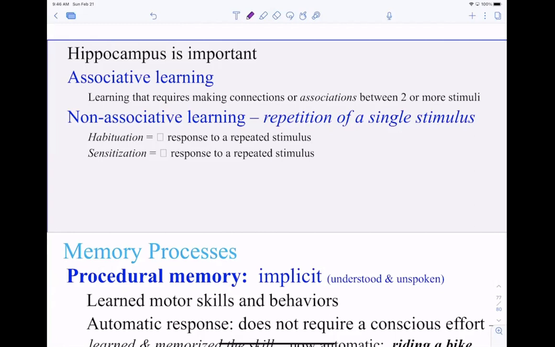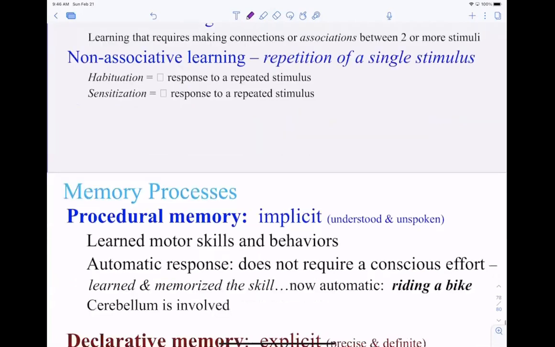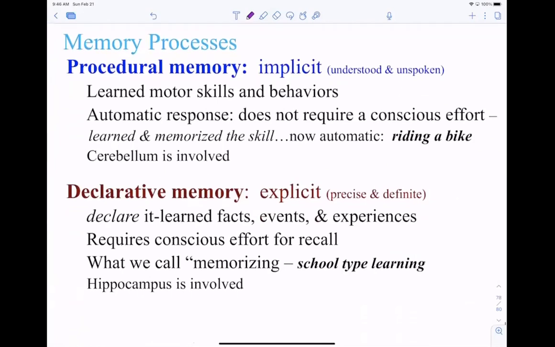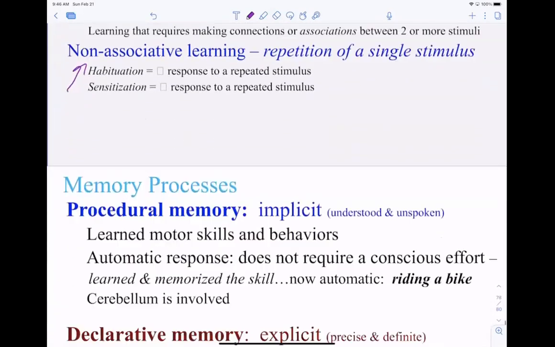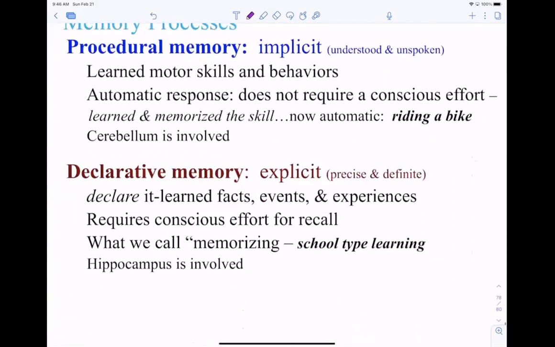You just form a new neural circuit, right? So this is learning, by the way. Attach new things to existing things, or you just repeat it over and over again and create a new loop with non-associative. That's learning.